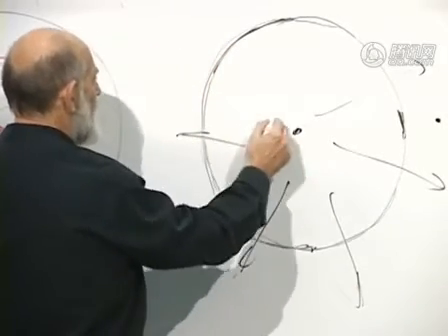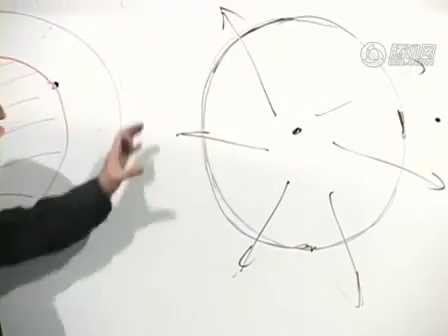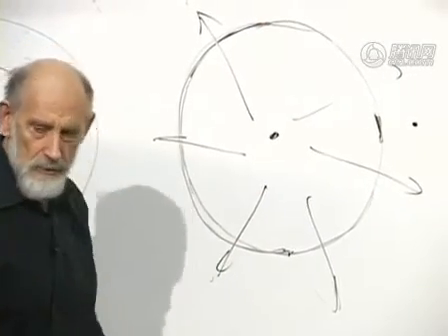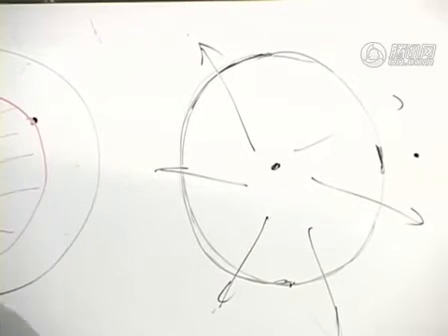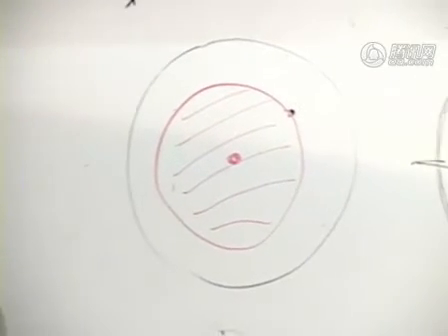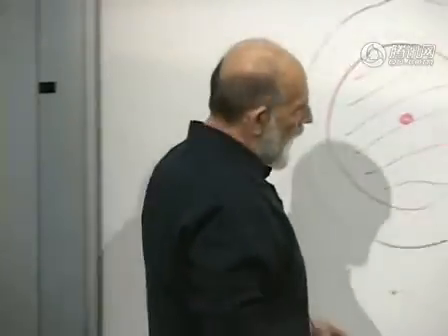How does the velocity of the flow decrease with distance? In 2 dimensions it's 1 over r, in 3 dimensions it's 1 over r squared. So in 3 dimensions, if a flow of water flowed out away from some point, the velocity field would be 1 over r squared.